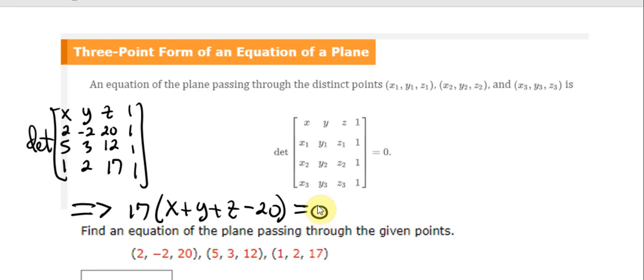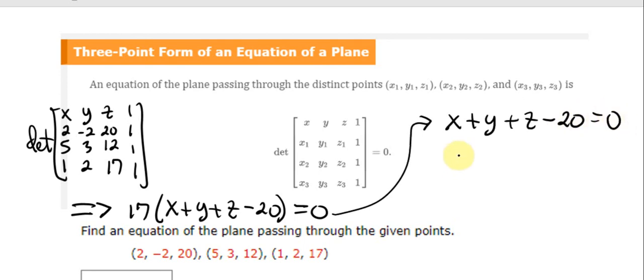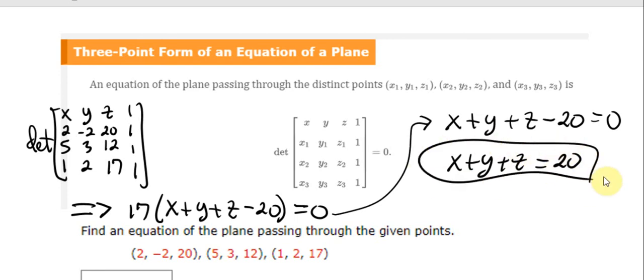Now let's divide both sides by the 17. That leaves us with x plus y plus z minus 20 equal to 0. And then we just get x plus y plus z equals 20. And that's the equation of the plane.